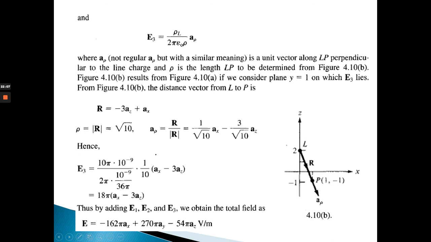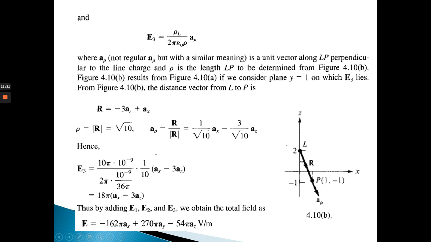Now here in this space, we only know that this is our line charge, right? So line charge have a direct distance, which is actually the r. But how will you find the r? A is equal to r divided by the value of the r, right? So r we can find directly from here, right?